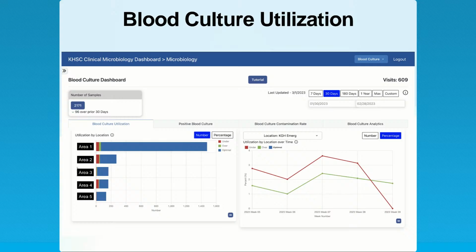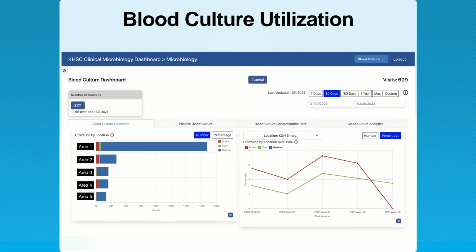And so this is our utilization. We collected over 30 days about 2,171 samples. So numbers are larger. You can see that area 1 was again predominant. You can see there is trending up and down in those areas. I've shown you some data from the emerge.